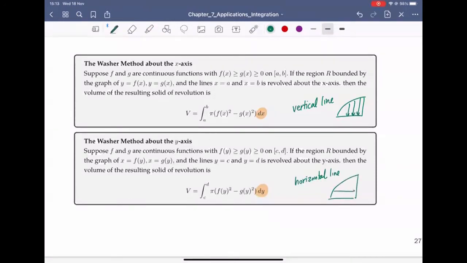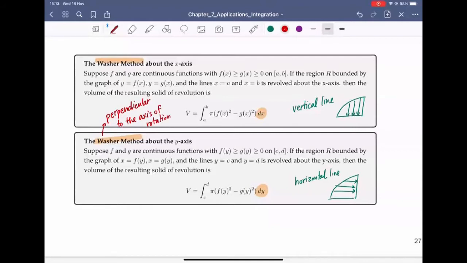So you can do whatever you want, but as I told you, for some regions it is easier to do x, and for some regions it is easier to do y. It depends on you. But keep in mind that if you plan to do the washer method, you have to cut perpendicular to the axis of rotation.